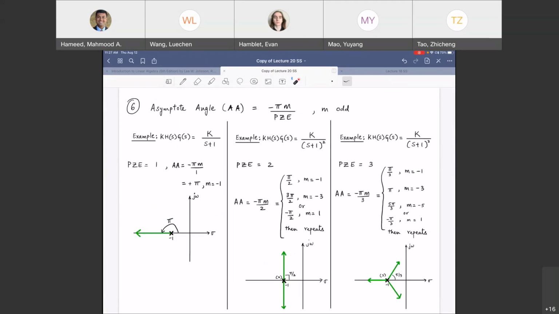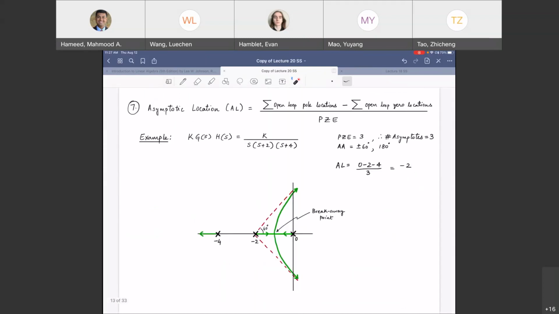Straight lines that work as guiding lines for my root locus. I know how many lines are going to be there using the number of asymptotes, which is PZE, and I now know at what angles they are going to be, the asymptote angles. Next, I also need to find out the location, right? What is the location of my asymptotes?